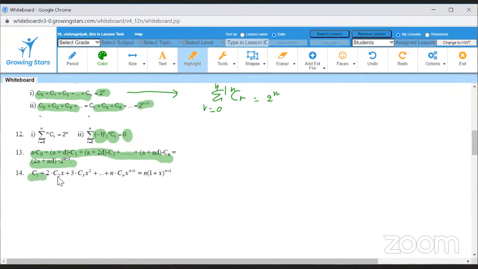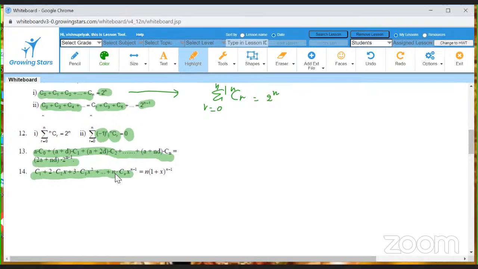C0 plus C1 x plus C2 x squared plus ... plus Cn x to the power n will be (1 + x) to the power n.